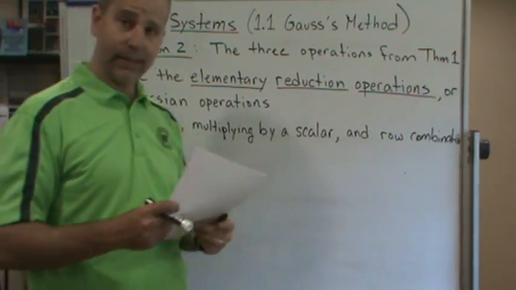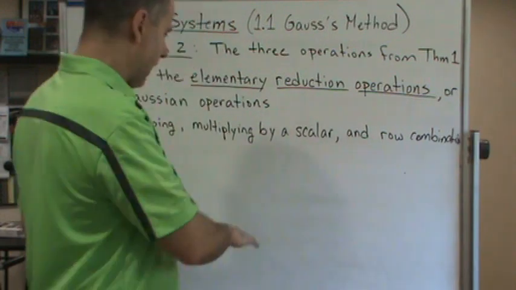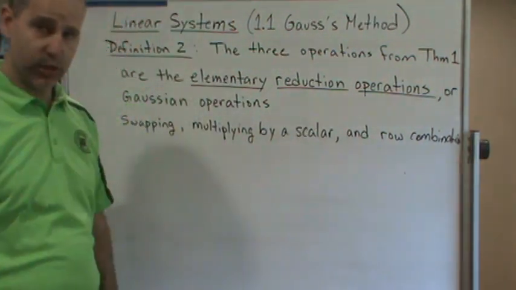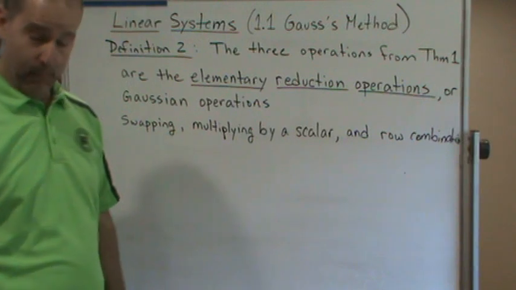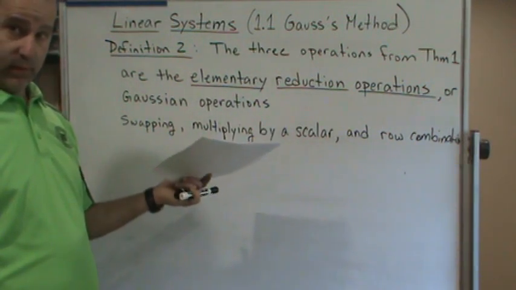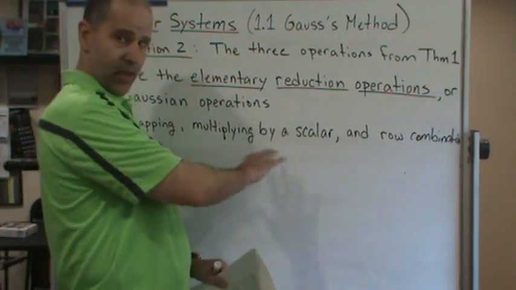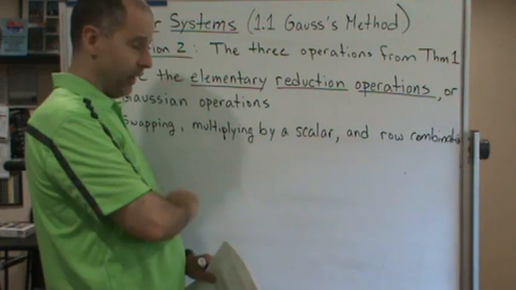You also might think in your mind from algebra, we know that when we multiply an equation all the way across by some scalar, that doesn't change the solution of that equation. So this might actually make sense to you from previous classes you've had.